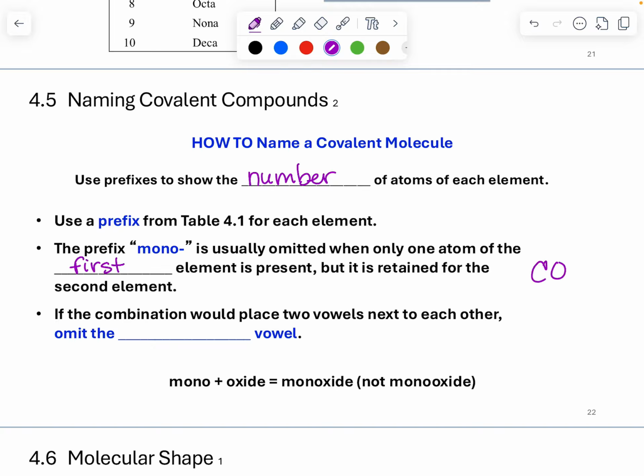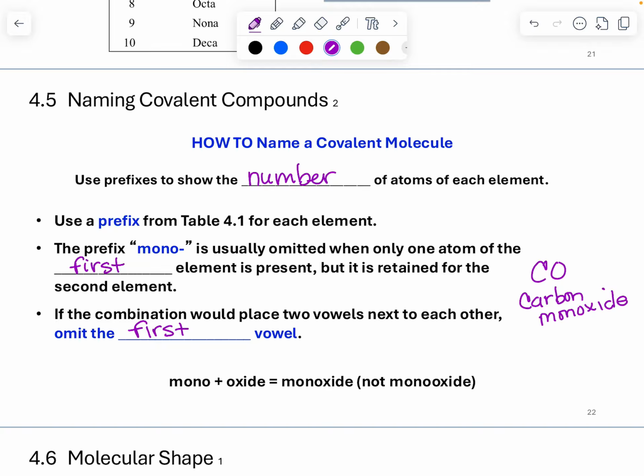So for example, if we had CO, there's only 1 carbon, but we would not say monocarbon, it would simply be carbon. And then for the oxygen, since there's only 1 oxygen, we name that monoxide, carbon monoxide. Sometimes you run into a problem where there are 2 vowels next to each other. The general rule is to omit the first vowel.